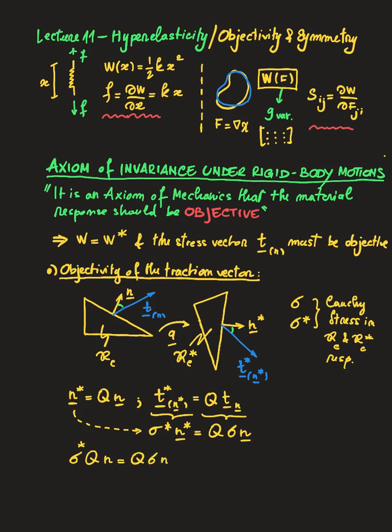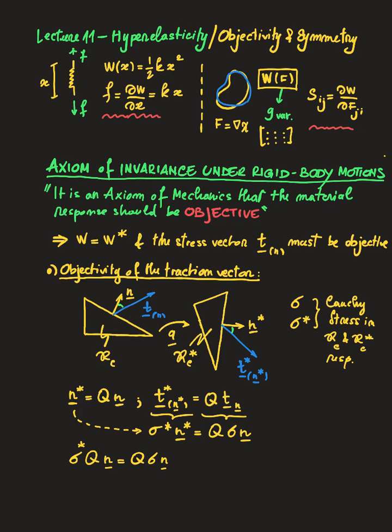What is important is that this expression has to hold for any unit normal. This means it has to hold for this normal, but if, for example, you cut the body with another plane, it should hold with another normal.